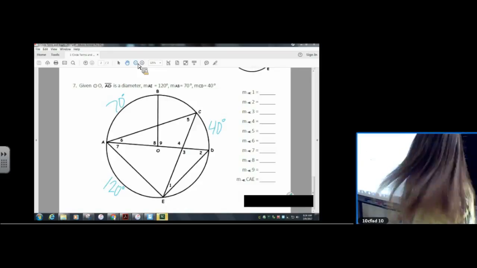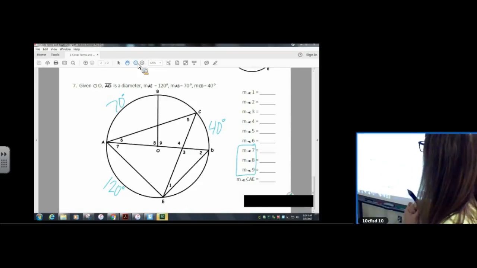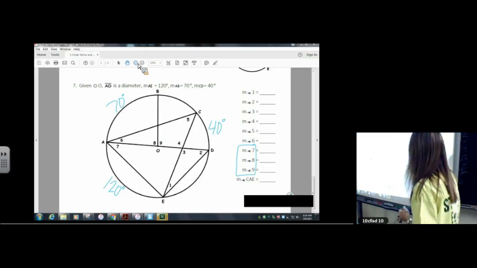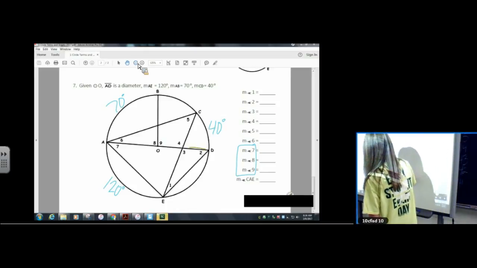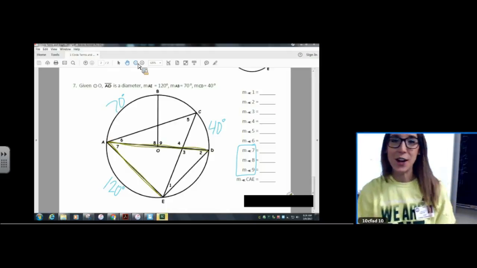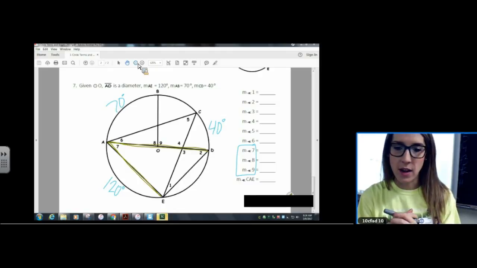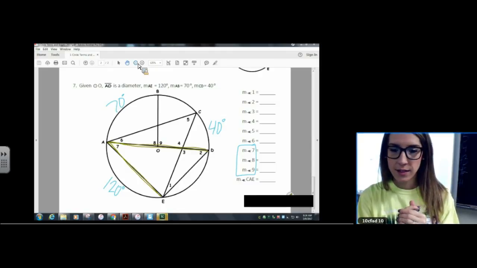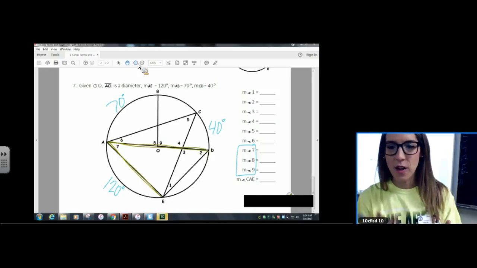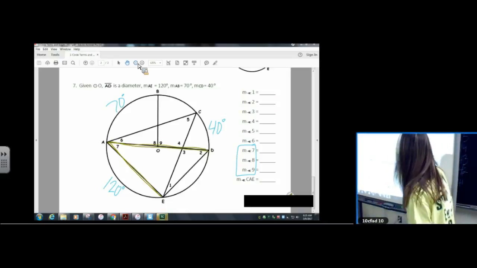Okay, we're looking at angles 7, 8, and 9. I have put the given information on the picture so far. Let's look at angle 7 first. When you don't know how to start, first name that angle. What is the vocab word for angle 7? I'll give you a hint by putting an N on the A. That's an inscribed angle. An inscribed angle is half of its intercepted arc.